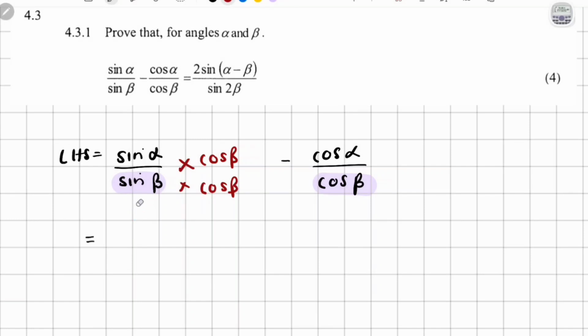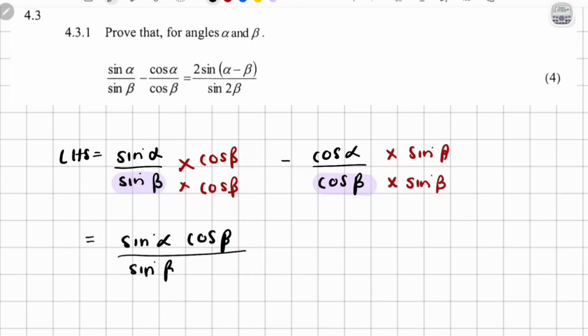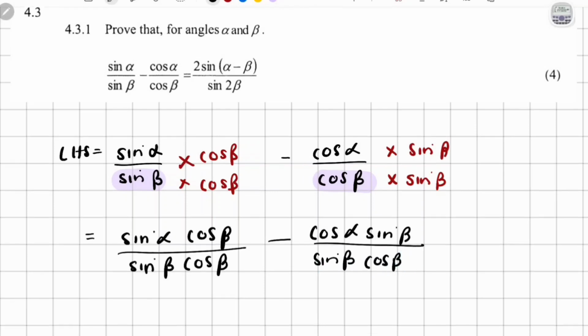That way the denominator can be sine beta cos beta. And here we can multiply the denominator and numerator by sine beta, and that way the denominators are the same. So this is what we'll have: sine alpha times cos beta is just going to be sine alpha cos beta over sine beta cos beta, minus cos alpha sine beta over the same thing, sine beta cos beta.